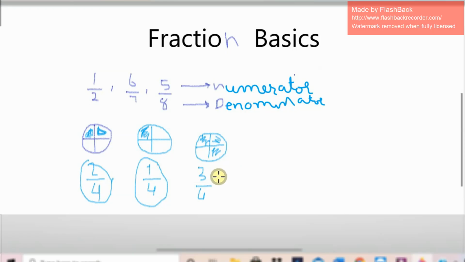Similarly, here 3 is pronounced as numerator, 4 is pronounced as denominator.